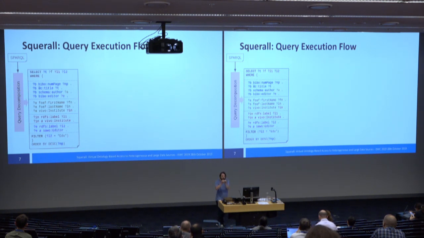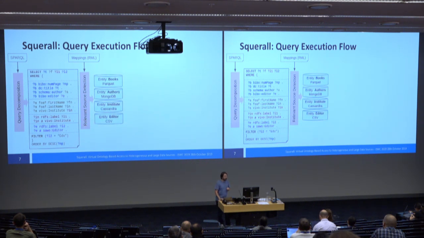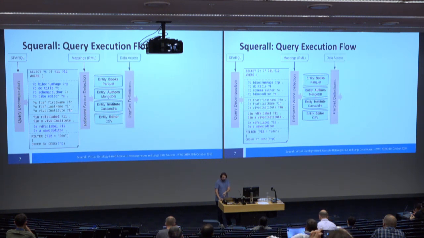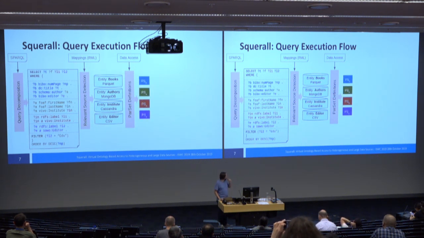So we are building those small star molecules from the clauses. And then we are using the source detection with the mapping to know which sub data sources we want to reach. This is now the creation of the parsed definition.